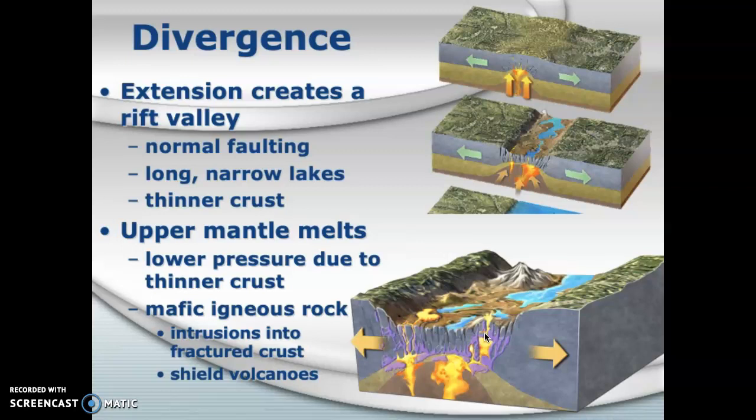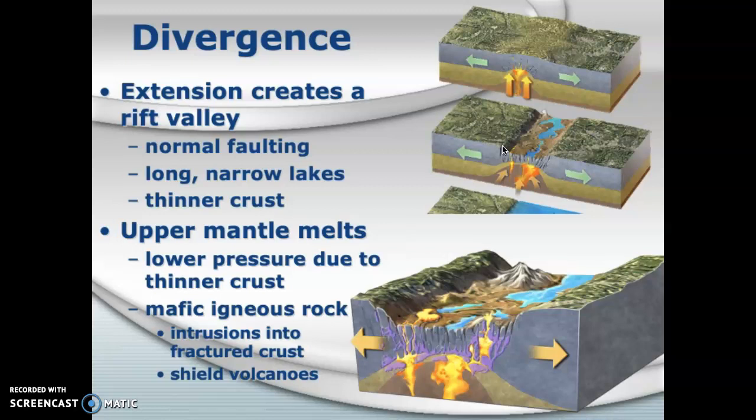So we don't get a crack that opens all the way down into the mantle. What actually happens is faults form. They are normal type faults where the hanging wall slides down and away, and they actually kind of fill in the gap. And you can see the result in these 2 drawings is that the crust is getting thinner as the pieces slide down to fill in that gap.